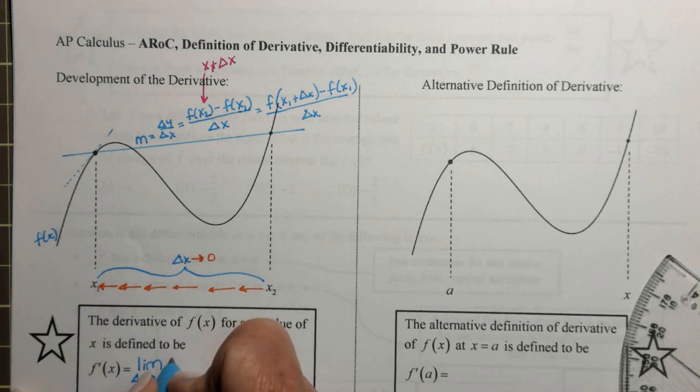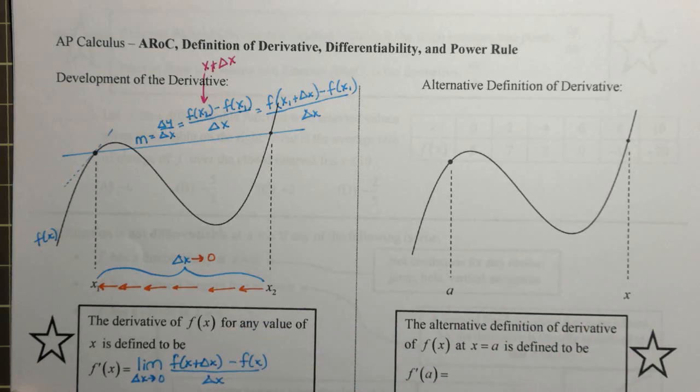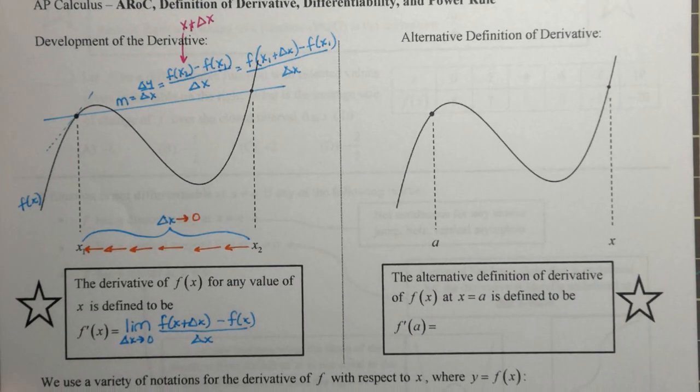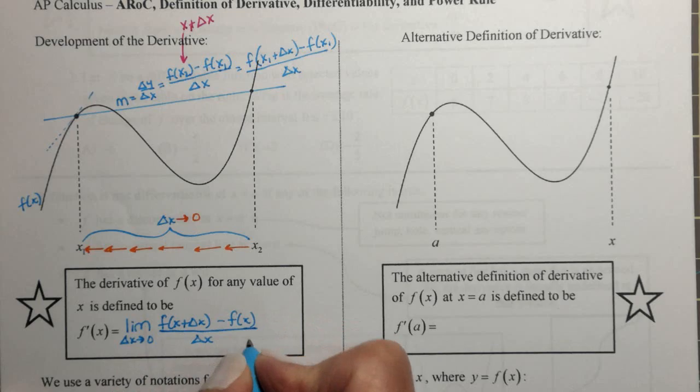So that's going to be f of x plus change in x minus f of x all over change in x. And that is the definition of the derivative of f for any value of x. That is a beautiful, beautiful definition.